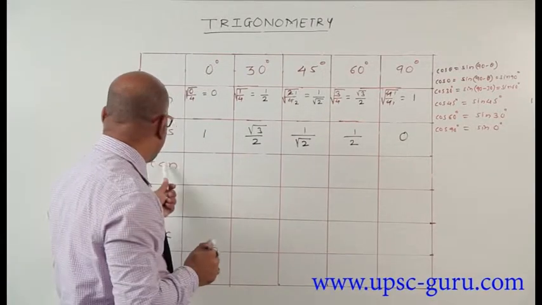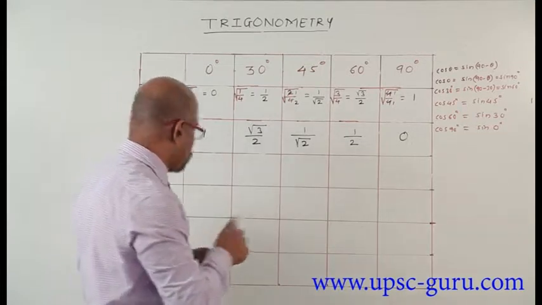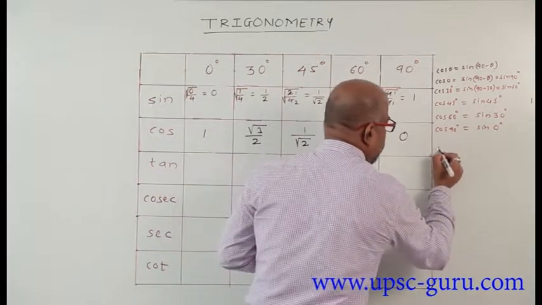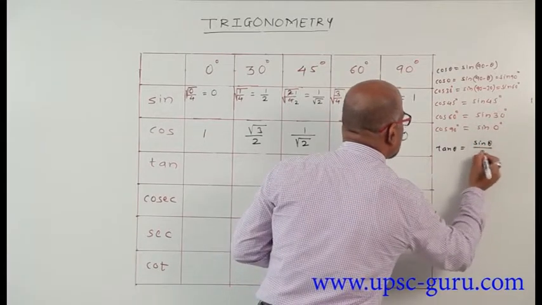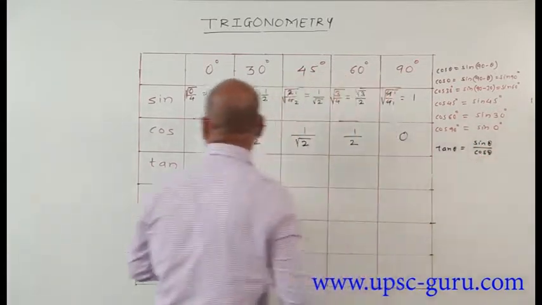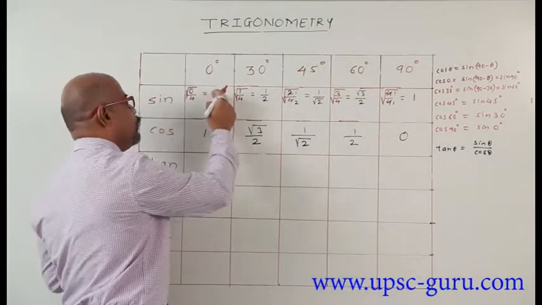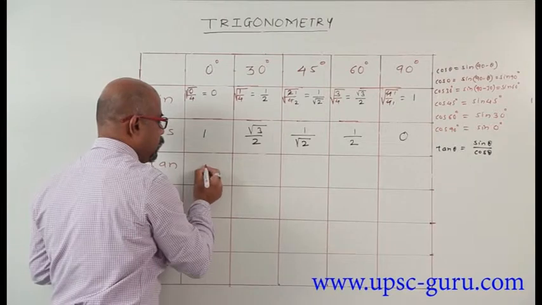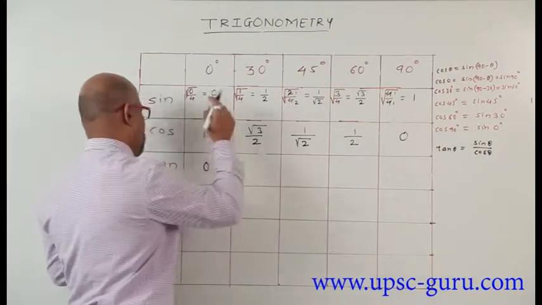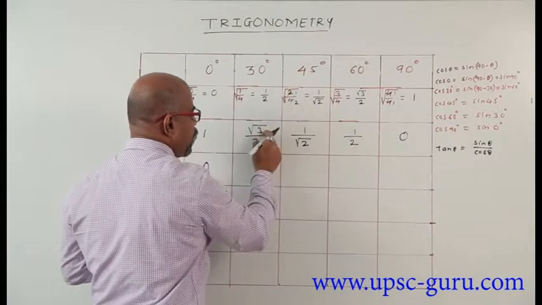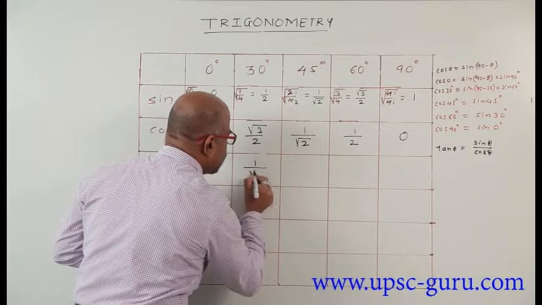Now let us check tan theta. We know that tan theta equals sine theta upon cos theta. Now apply this formula and we get tan 0 equals 0 upon 1, that is 0. Tan 30 equals 1 by 2 upon root 3 by 2, 2 gets cancelled, 1 by root 3.